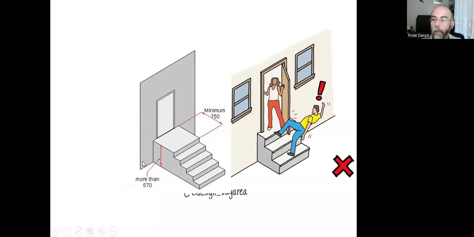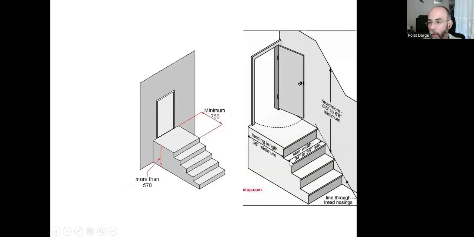And while determining the required sizes of the landing, we need to take into consideration the movement of the door. If it moves outside, and if there is a person in the outside part of the door, then the door may hit them, and it can cause them to fall down.